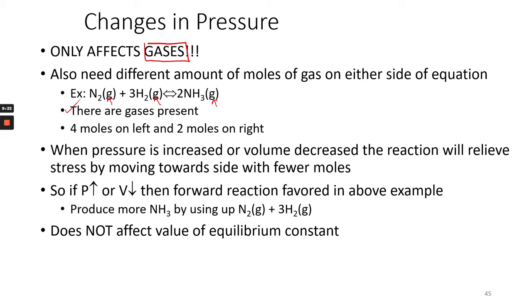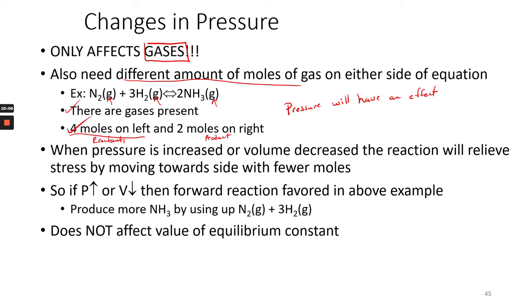Here I have 1 mole and 3 moles on the reactant side, so I have 4 moles on the left, the reactants, and I have 2 moles on the right, which are the products. So that is not equal, which is good. You want to have different amounts of moles. So pressure will have an effect.